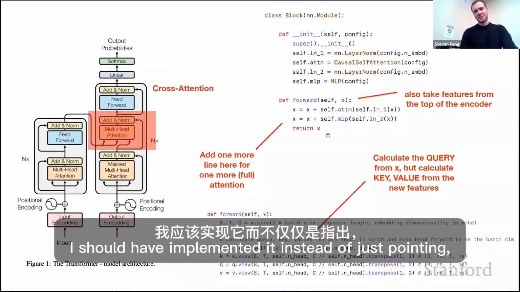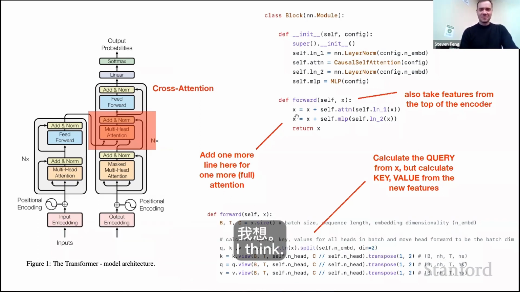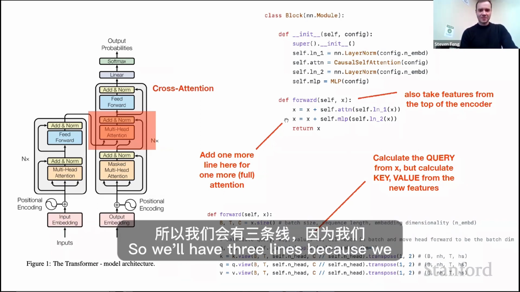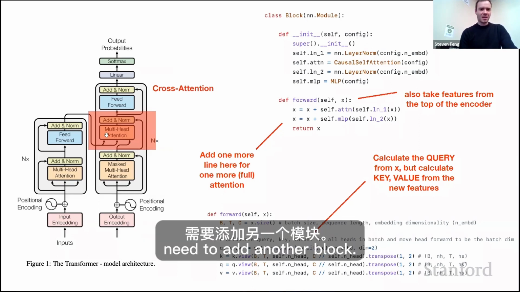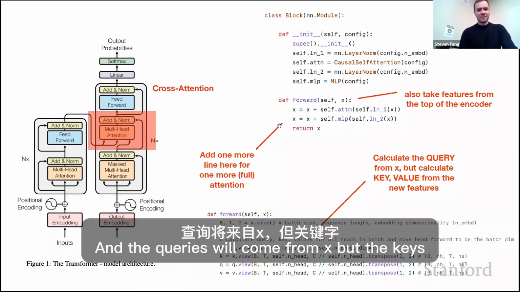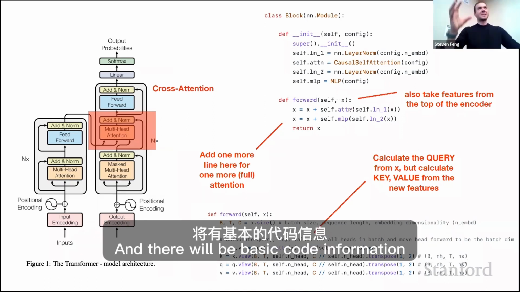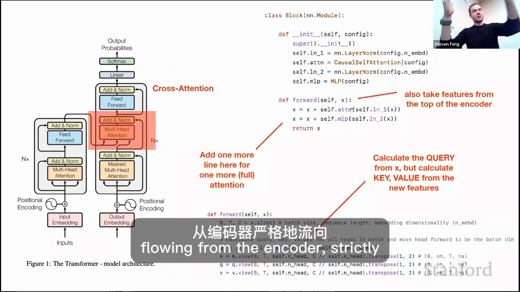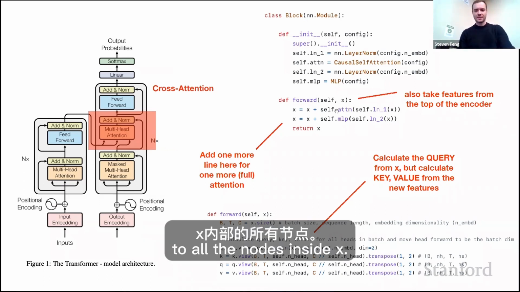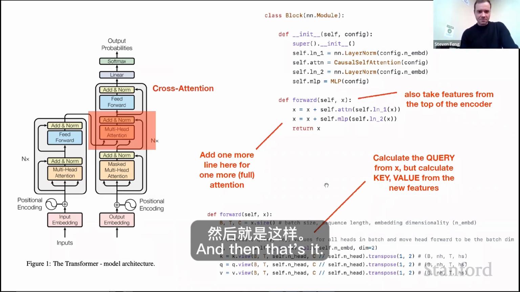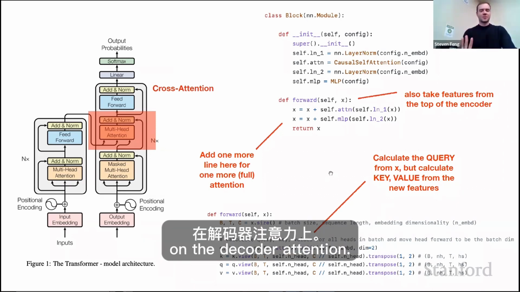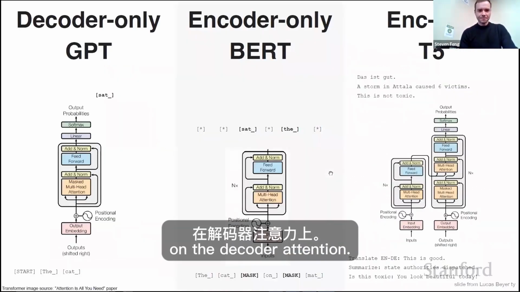I should have implemented it instead of just pointing, I think. But there will be a cross attention line here, so we'll have 3 lines because we need to add another block. And the queries will come from X, but the keys and the values will come from the top of the encoder. And there will be basically information flowing from the encoder strictly to all the nodes inside X. And then that's it. So it's very simple sort of modifications on the decoder attention.